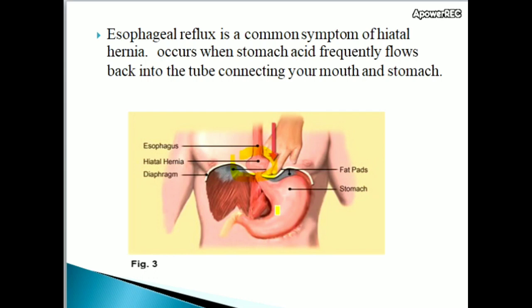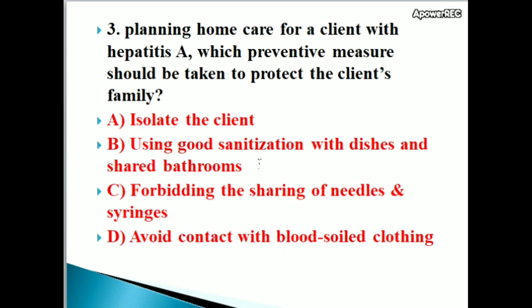So esophageal reflux is a common symptom of hiatal hernia. I think you understood esophageal reflux, that is, the stomach acid comes forward.